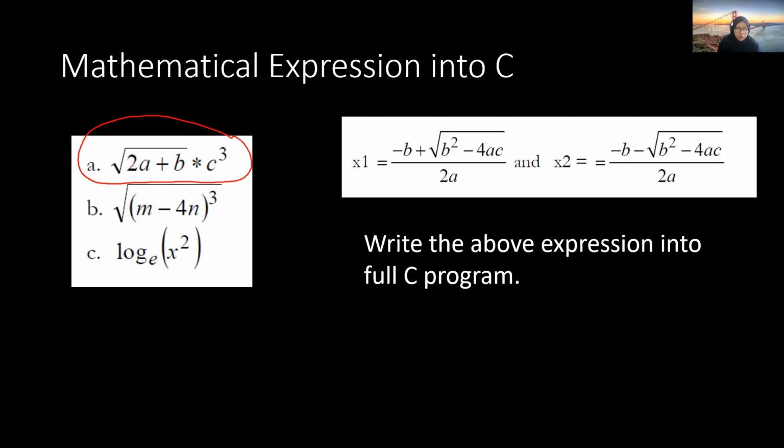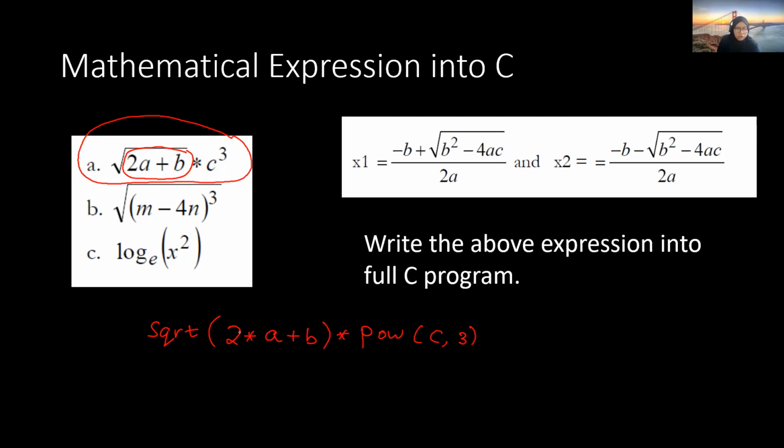The square root we need to do first, so we can say 2 times a plus b, and these variables are in the square root as SQRT, and then times c. C is to the power of 3, so you can use power c 3. Okay, so that is one example.